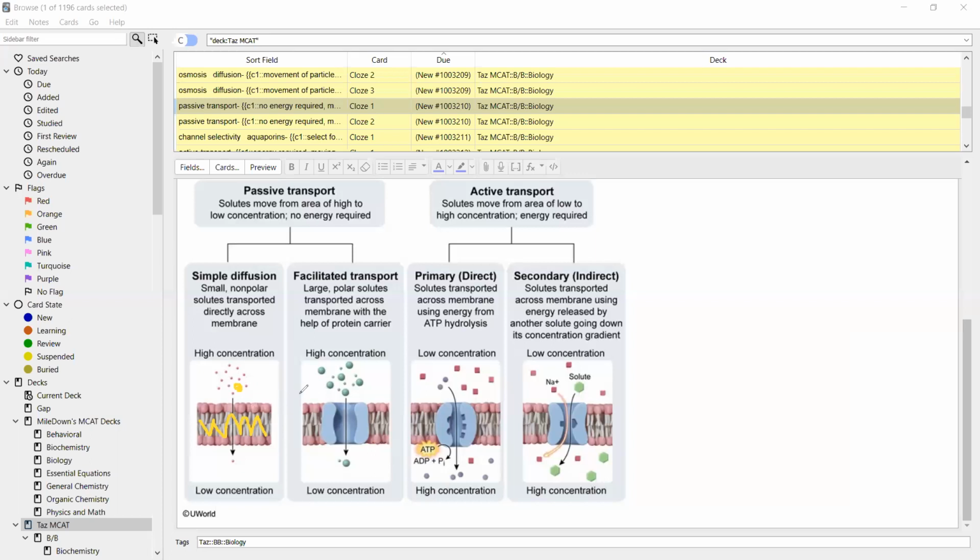Now, if the molecule is polar, then it's going to have a hard time being here. It doesn't want to be in this nonpolar environment, so it cannot go straight through. What is our solution? Well, we can make a channel for them to go through.